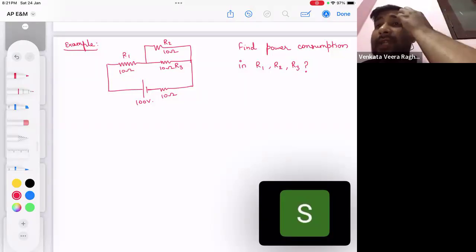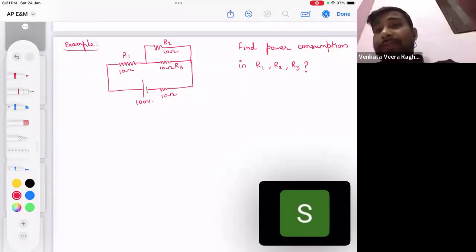Try to calculate; use it like a series parallel kind of circuit question. Use them like a series and parallel combination. Find out the R equivalent. Find out the current in each of them.